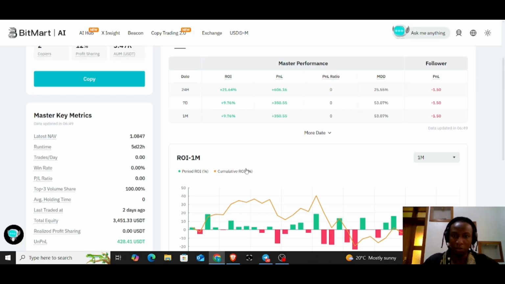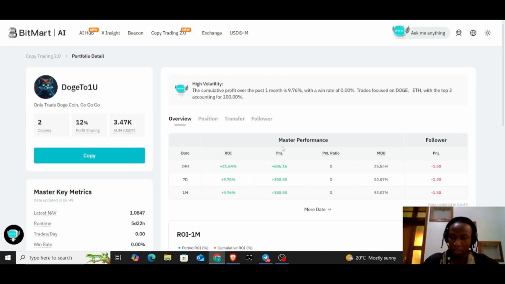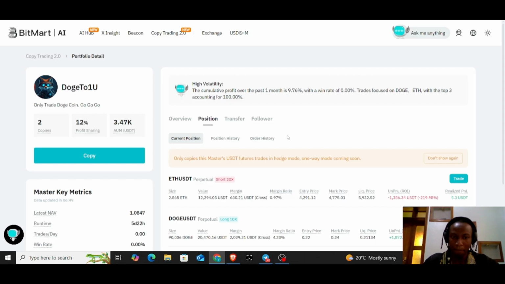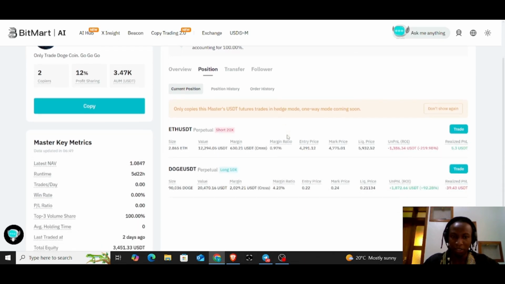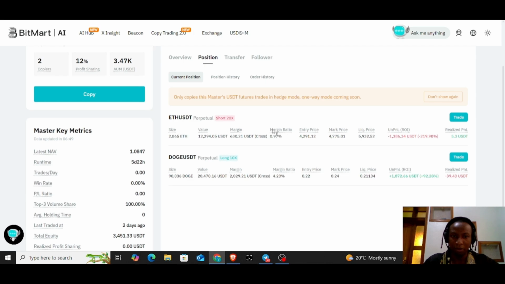So yeah, you can also check out the position. You can see some of the positions that he's held so far. And you can see right now he has 2.865 ETH. And the value is around this much right here, right, in ETH.